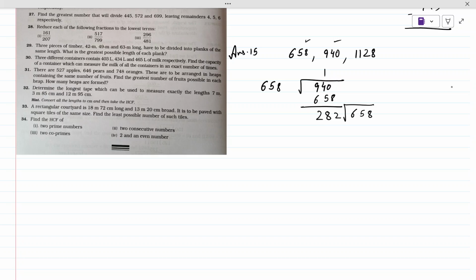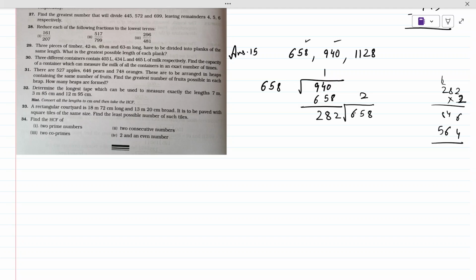658 by 282. So let us see here. We will get 3 into 2 is 6, 3 into 8 is 24, 3 into 2 is 6, 8, 7, which is more. Let's try with 2. 2 into 2 is 4, 2 into 8 is 16, 2 into 2 is 4, and 1, 5.